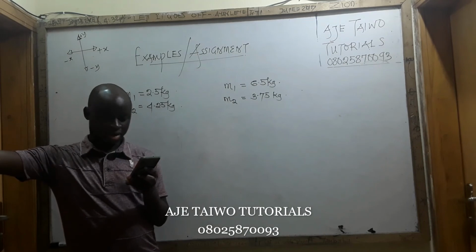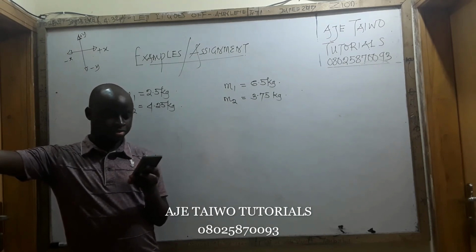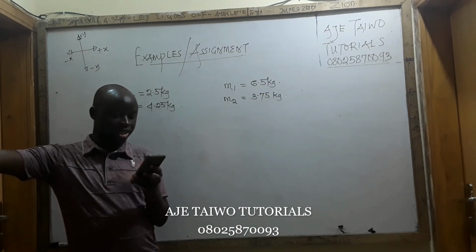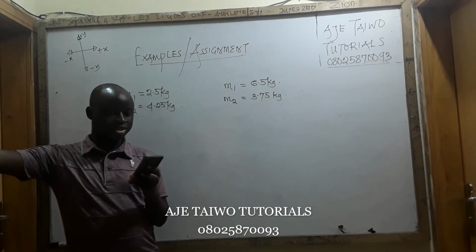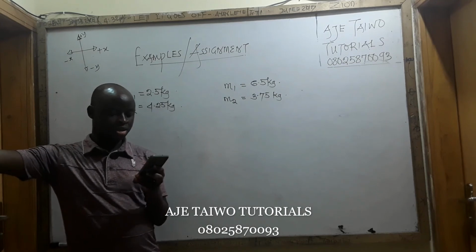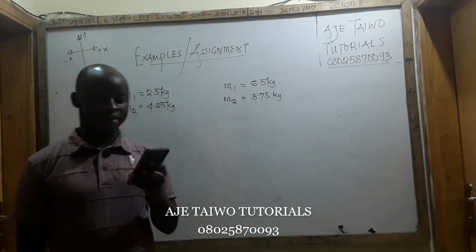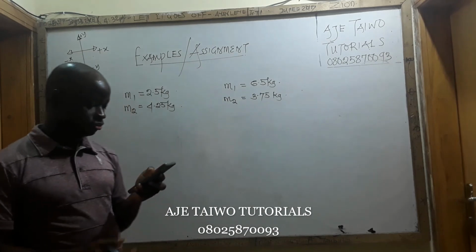Question B. If the coefficient is reduced to 0.25, what would the acceleration of M2 be? That's mass 2.